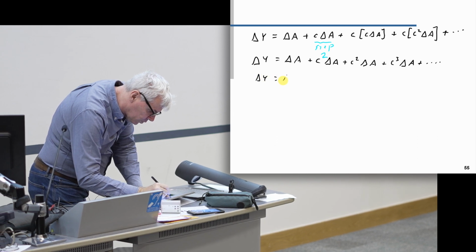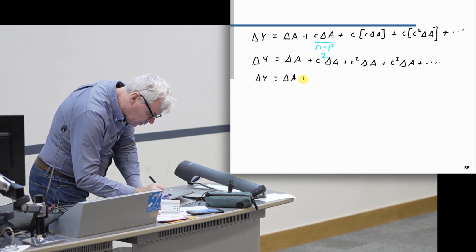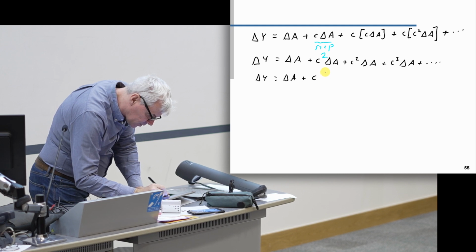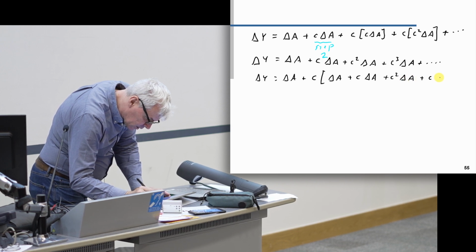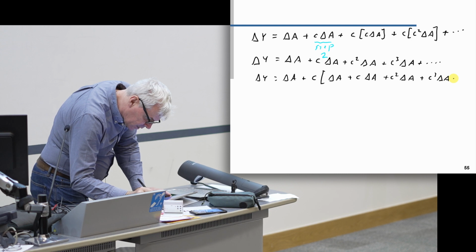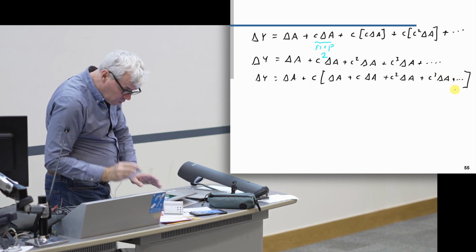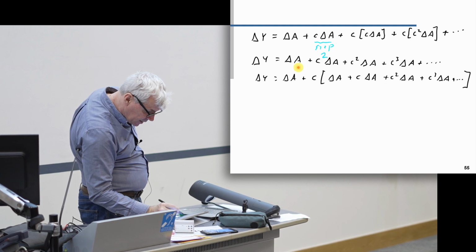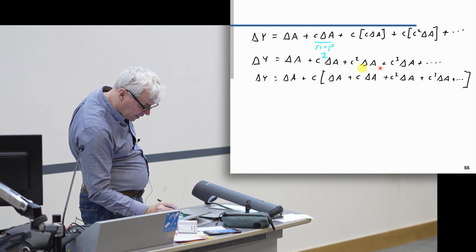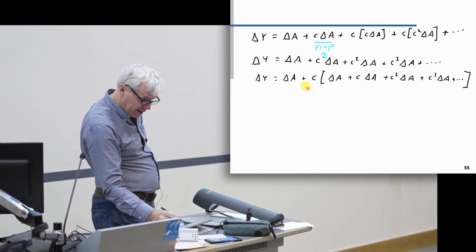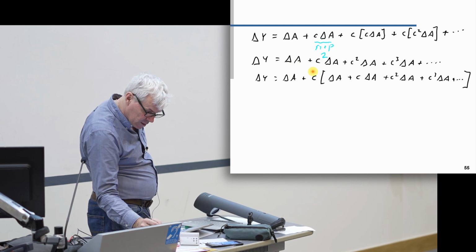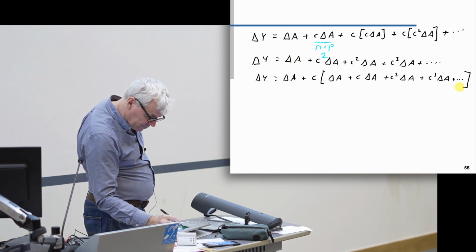Change in y is equal to change in A plus C times change in A plus C change in A plus C squared change in A, C cubed change in A. So what I'm doing here is I'm factoring out a C from all of this stuff. Like this thing is C times change in A plus C squared change in A. So I took a C out of that. I left this one the same. It's just carried down.